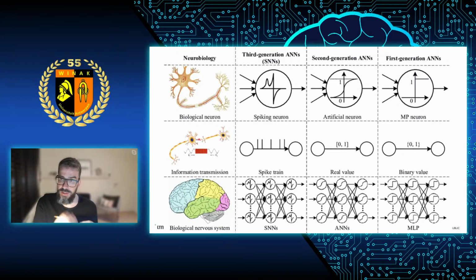So a lot of spikes together will probably generate a higher number, which will cause another neuron to spike as well. So this is really more fundamental research in the sense that these are completely new types of neural networks that we're trying to build. They definitely do not work in most cases as well as deep learning, but we're hoping that they will generate some new breakthroughs as well.